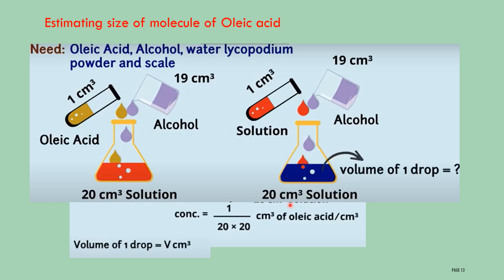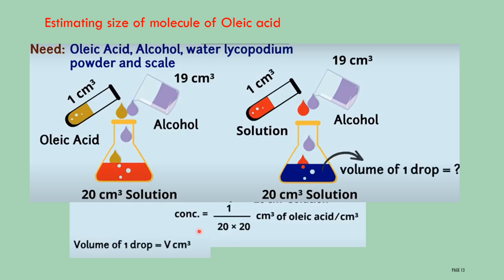Then it will be 20 cm³ of the solution. Here we have to calculate the volume of one drop of the solution. What is the concentration of this resulting solution? The concentration of the resulting solution will be 1/20 × 1/20, because the first solution is 20 cm³ and the volume of the second solution is 20 cm³.